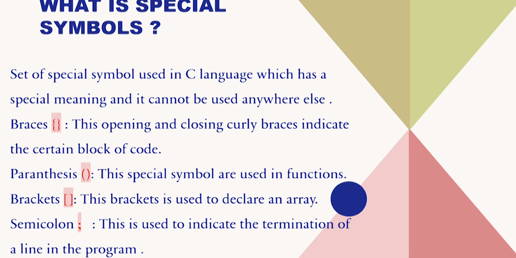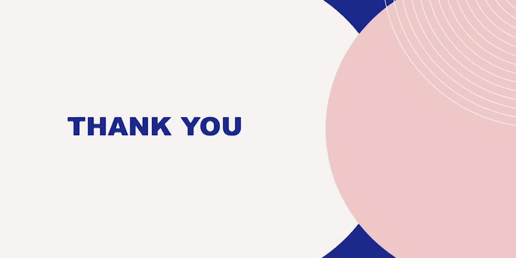If we want to move further, we have to use a semicolon to terminate the previous line. Only then can we move to the next line. So these are some special symbols used in the C language.